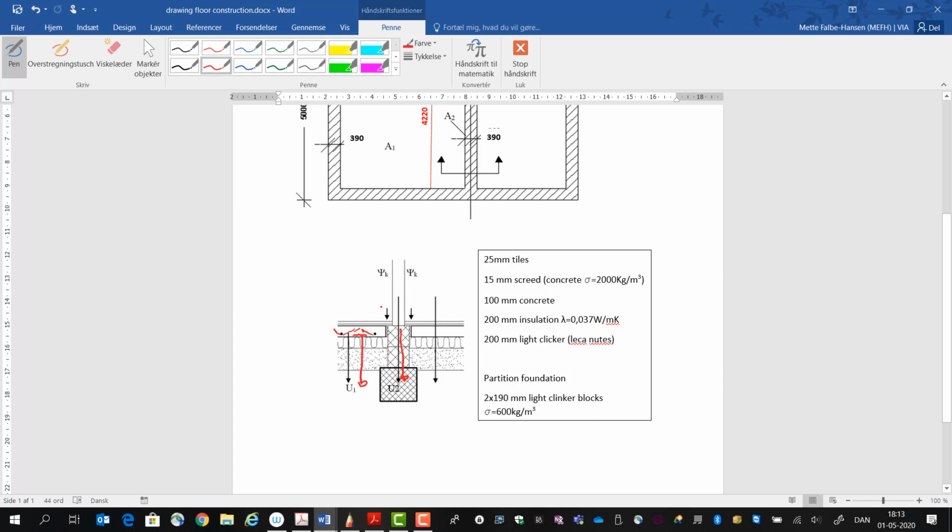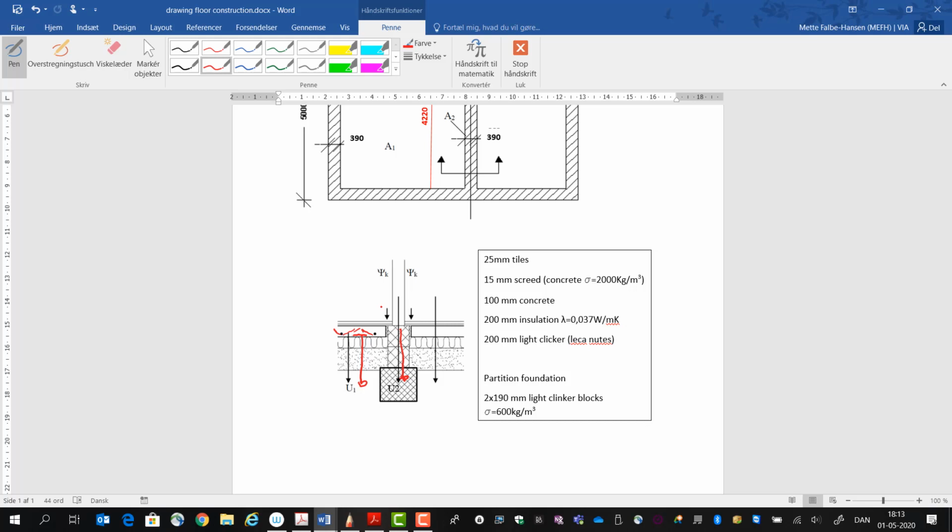Then we have 200 millimeters of insulation, and then 200 millimeters of light clinker, a capillary breaking layer. And the partition foundation is made out of 2 light clinker blocks. So that's what we have.